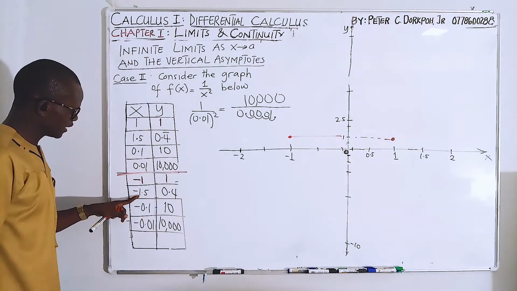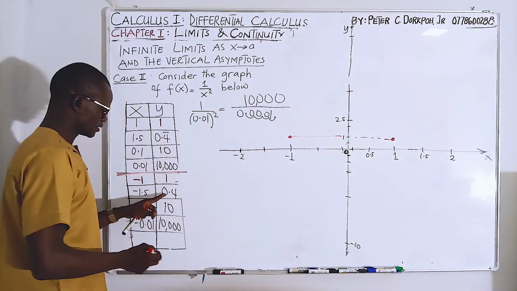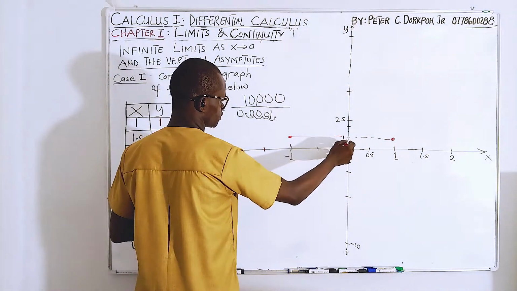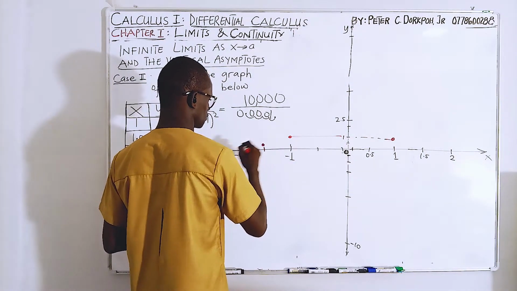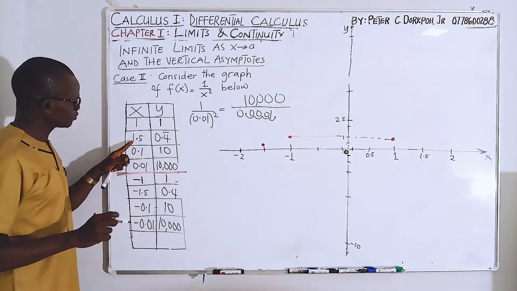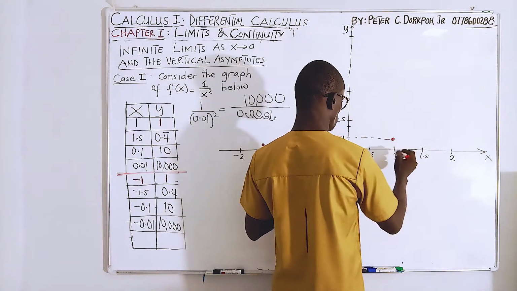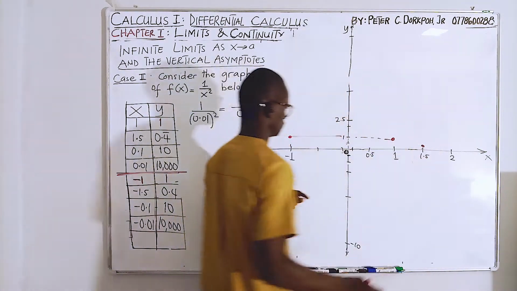When x is minus 1.5, y is positive 0.4. So this 0.4 is around here. Again, when x is positive 1.5, y is 0.4. So it is also around here.